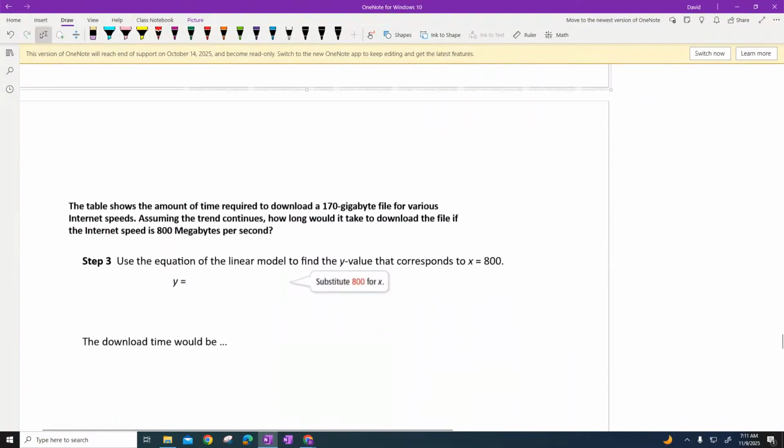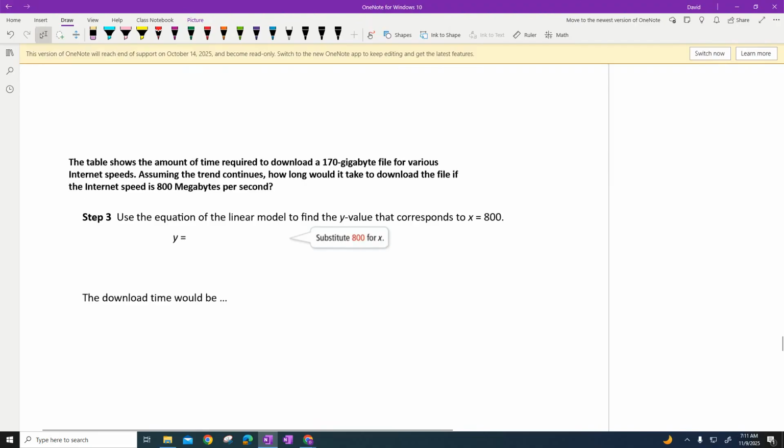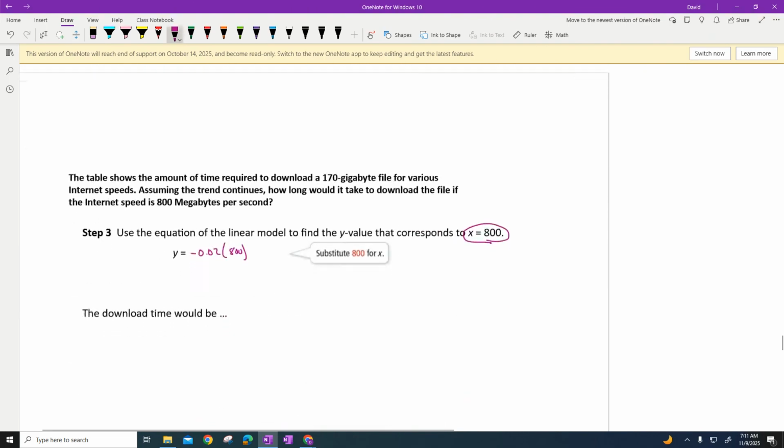Okay. Now, they said use this equation in a linear model to find the value when x is 800. I want to know how long it's going to take to download 800. So we're going to put 800 in for the x. I think my slope up there was a negative 0.02 times 800, and then plus 16.4.